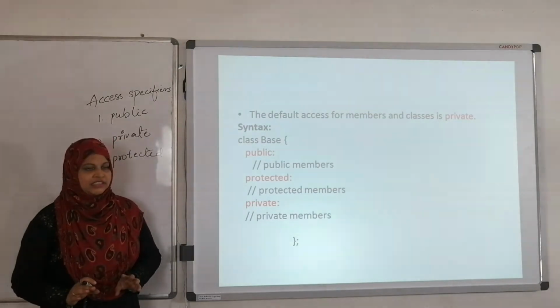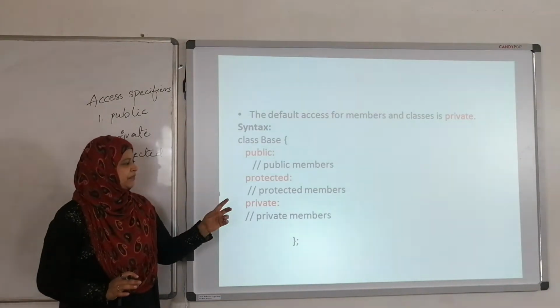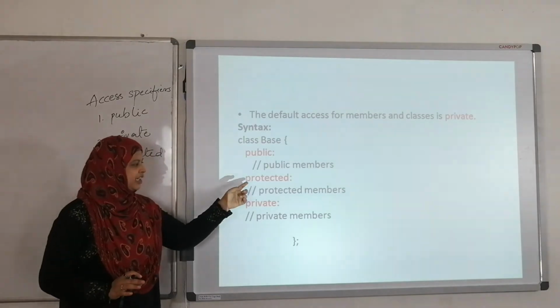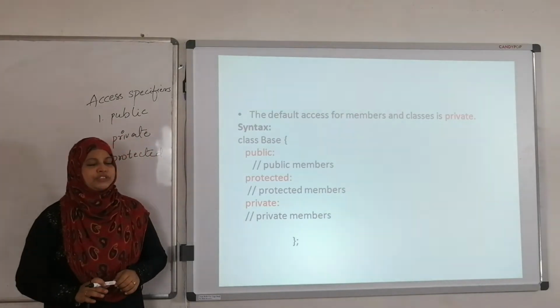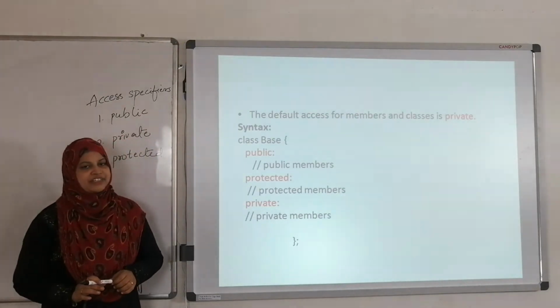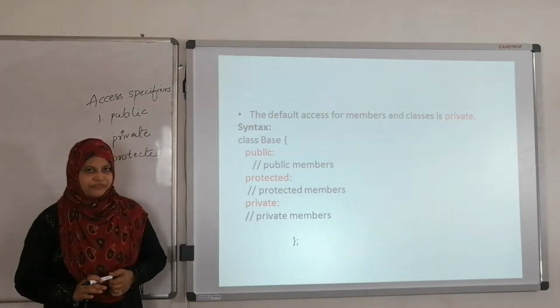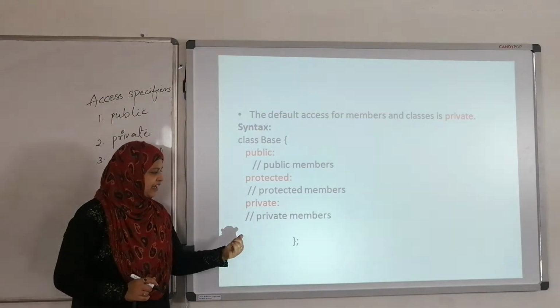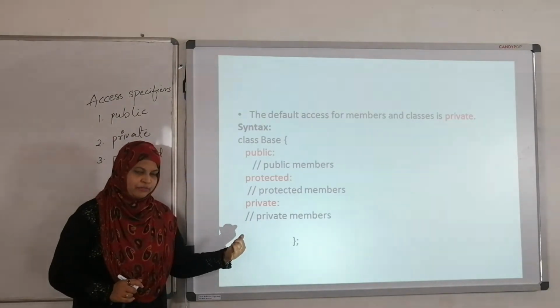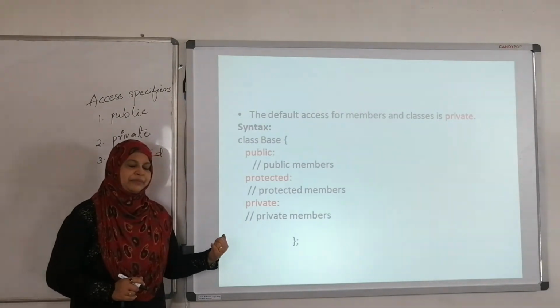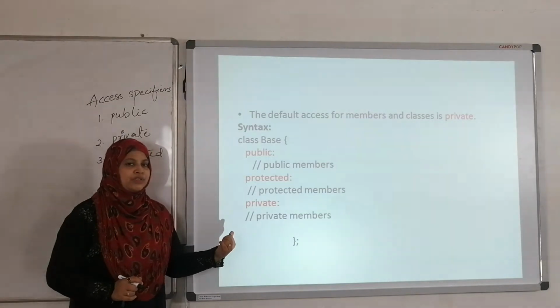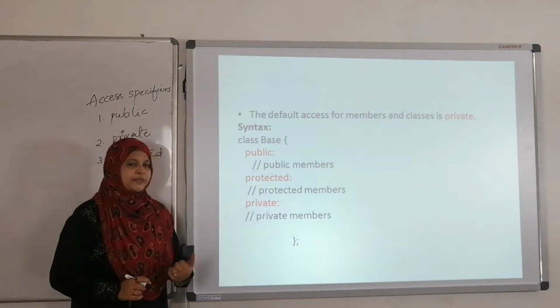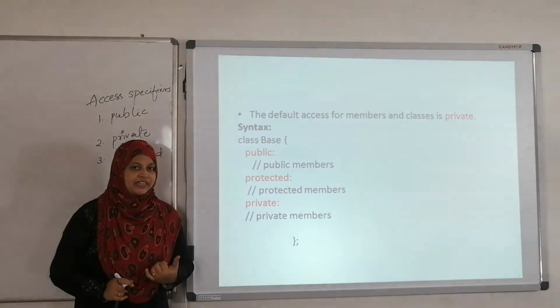Those declared under protected follow the rules and regulations of the protected access specifier. If they are defined in private mode, then they must follow the rules of the private access specifier.